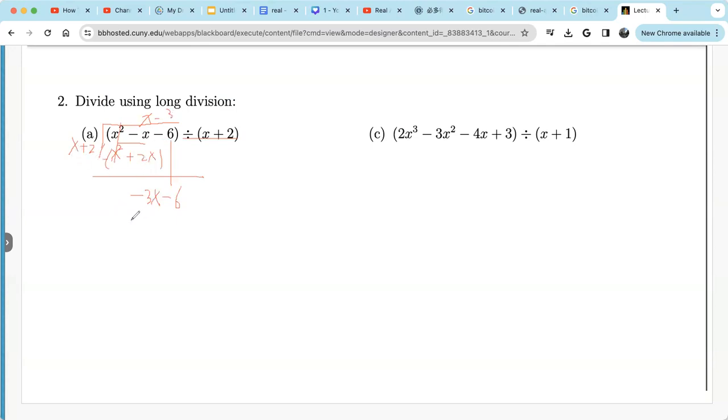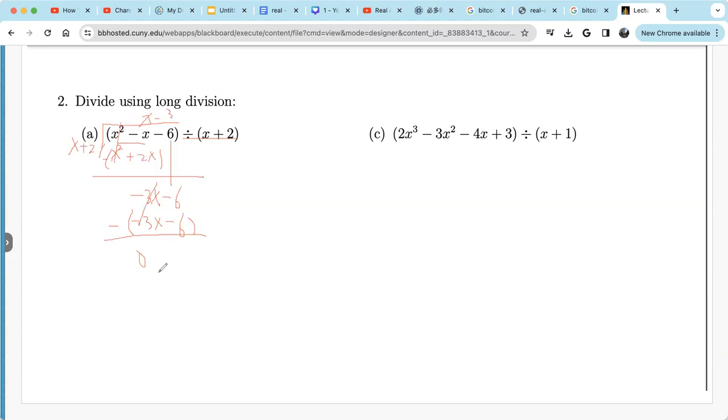Now, negative 3 times x is negative 3x, negative 3 times 2 is negative 6. Those two are exactly the same, right? When we subtract, we get 0. Because negative 3x subtract negative 3x is 0, and negative 6 subtract negative 6 is also 0. So the remainder is 0.